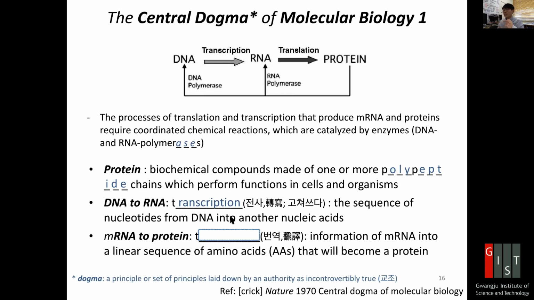One kind of RNA involved in making protein is called messenger RNA. And turning the information of this mRNA into a linear sequence of amino acids requires translation of the mRNA sequence that will become a protein. It's called translation. The first paper that proposed this is Crick's in Nature, Central Dogma of Molecular Biology.